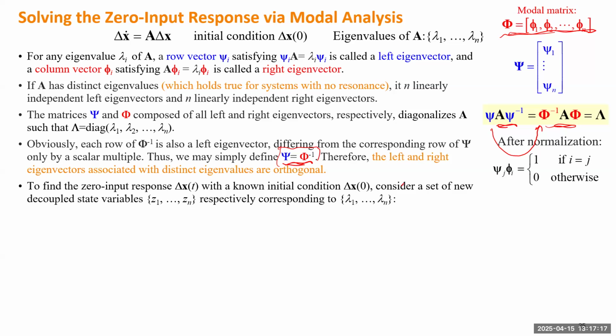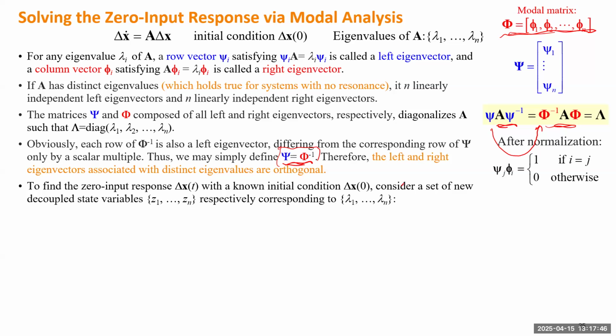So next we're ready to find the zero input response of that system. We can utilize psi or phi here. Assume we know some initial condition. So the idea here is, because we have n modes, from lambda 1 to lambda n, if we observe the response of each state variable, one can have dynamics associated with all the eigenvalues.